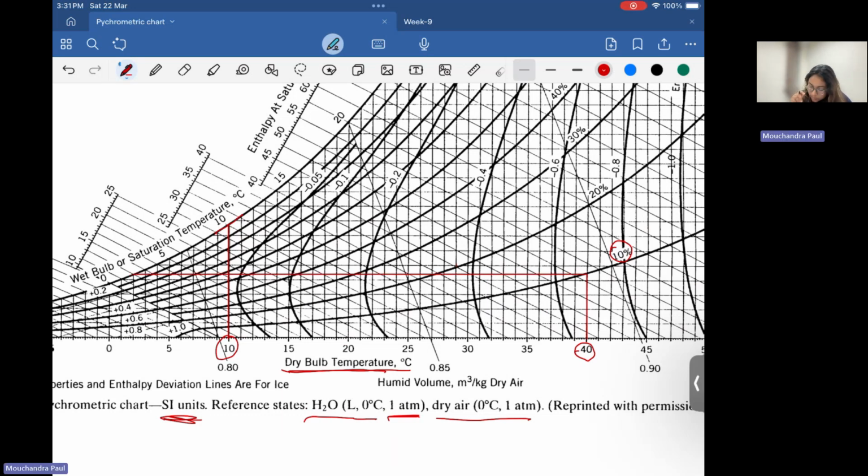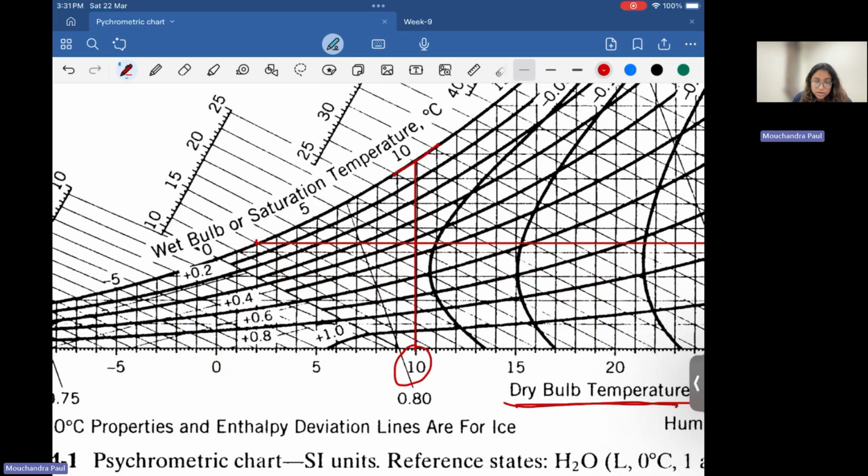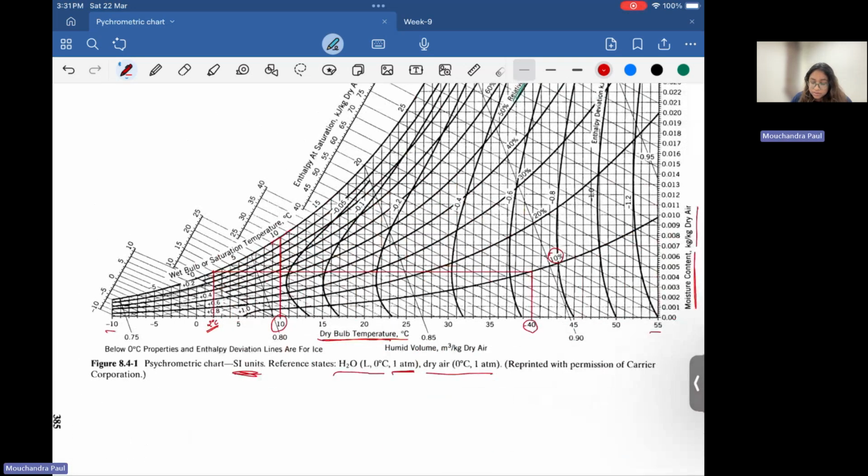And where this horizontal line meets this 100% saturation curve, you have to extend a vertical line downwards. And what you'll see, the temperature is 2 degrees Celsius. So the dew point for the initial condition of 40 degrees Celsius and 10% relative humidity is 2 degrees Celsius.